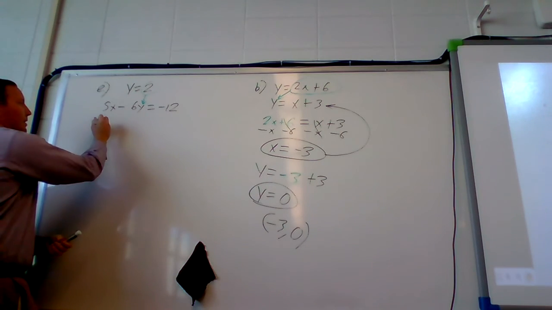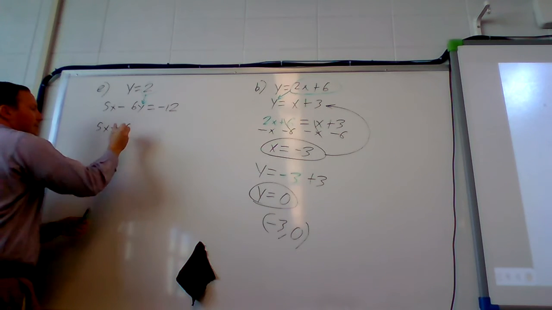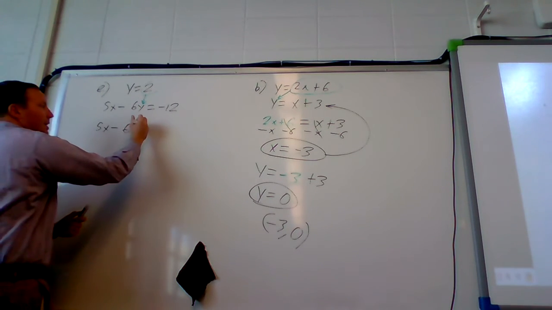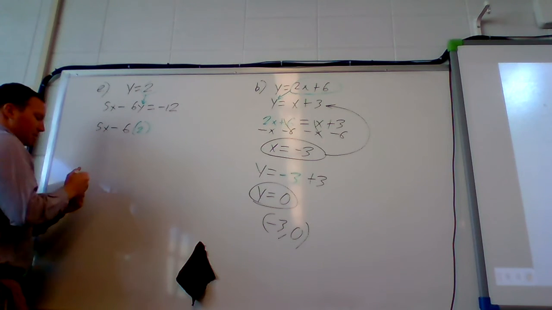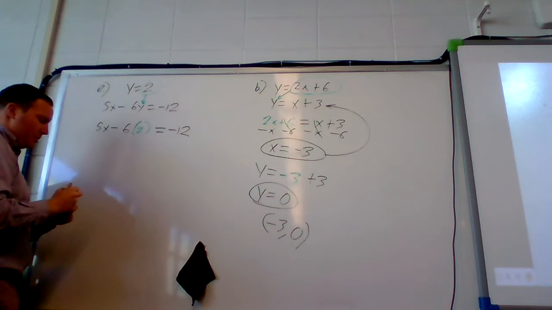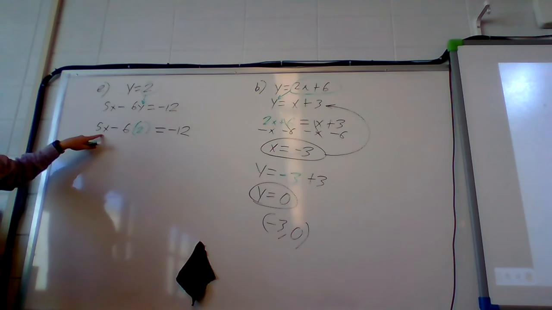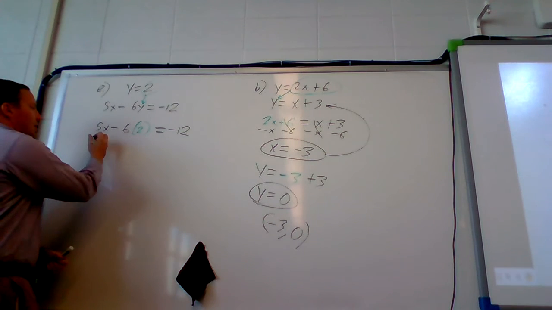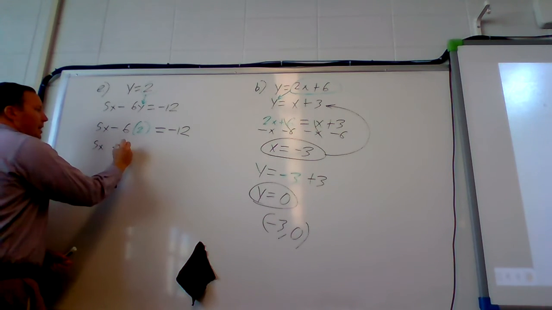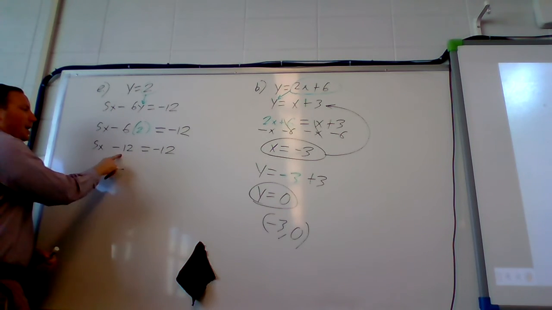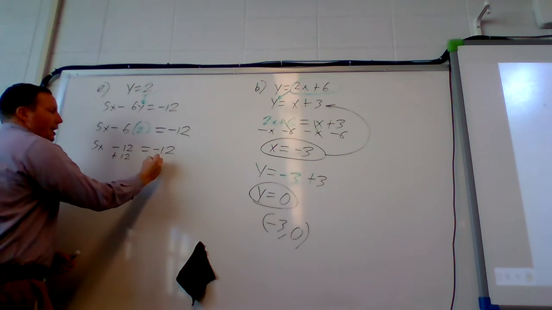So I'm going to have 5x minus 6. Again, I'm replacing or substituting that y in for what it's equal to. So I'm putting in a 2 in its place. It's equal to negative 12. So now again, I only have that x. I can solve my equation. So I'm going to get 5x minus 12 is equal to negative 12. To get my x by itself, I'm going to add 12 to both sides.